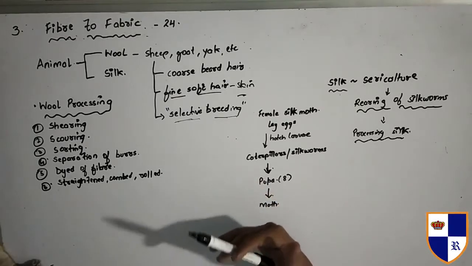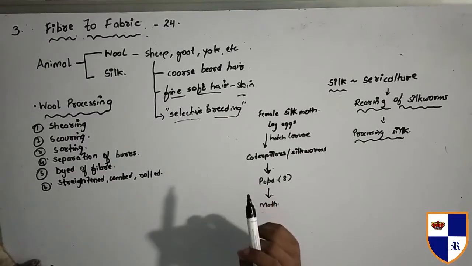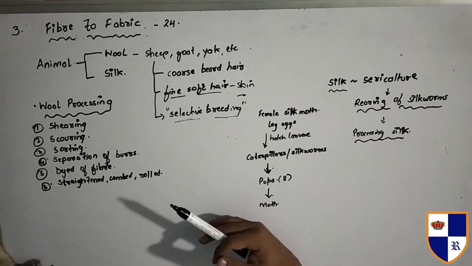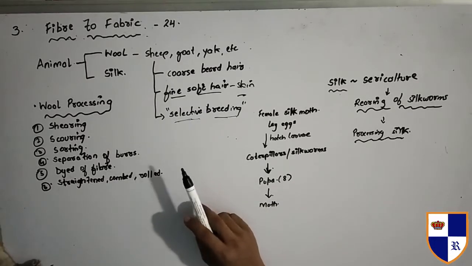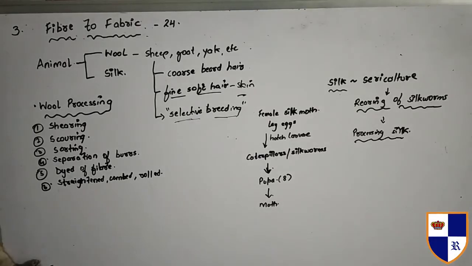However, the fleece of sheep is not the only source of wool. We do not obtain wool only from sheep. From some other animals also we obtain wool. Like yak wool, which is common in Tibet and Ladakh.